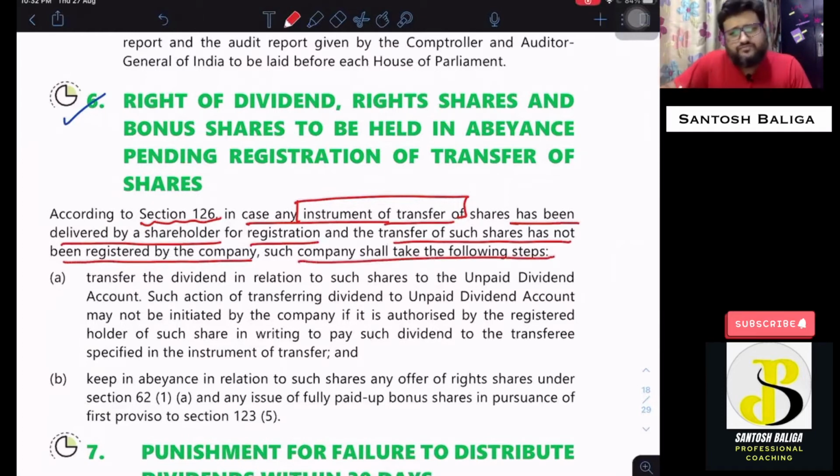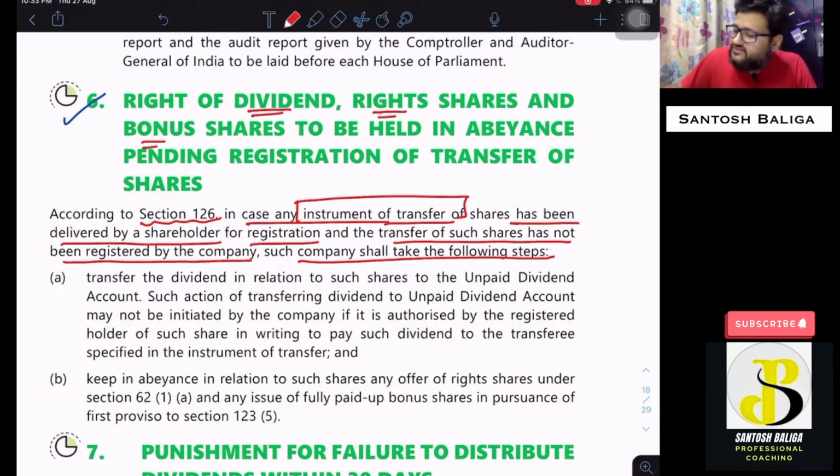That means wherever there is a registered shareholder, he has transferred the shares to a transferee, but the instrument of transfer is not yet registered by the company. In that case, what will be the treatment by the company with respect to the right of dividend or right shares or bonus shares? That is what section 126 will explain to us. It is a very short section, only 2 points are there.